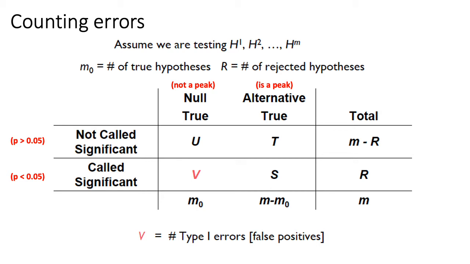Essentially, if you knew the ground truth, whether or not I was actually taller than the average student in each one of those experiments, you could build a 2x2 table.